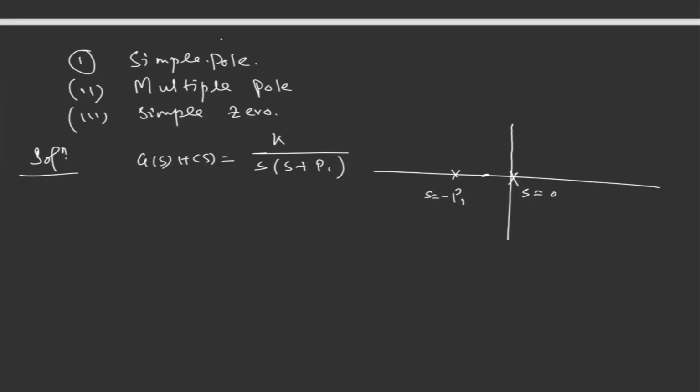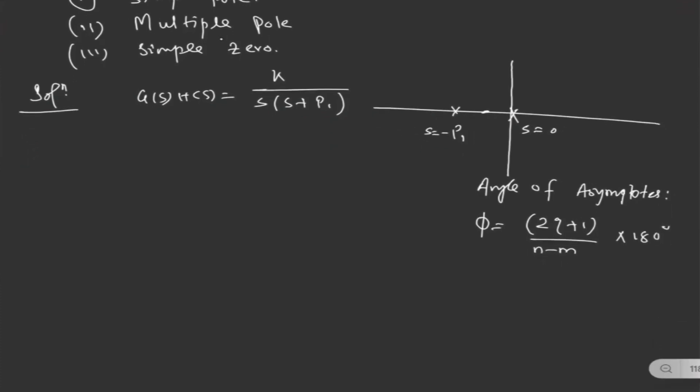Now let's look at what angle this locus will depart from this breakaway point. The angle of asymptotes will be (2q plus 1) into 180 degrees divided by (n minus m).